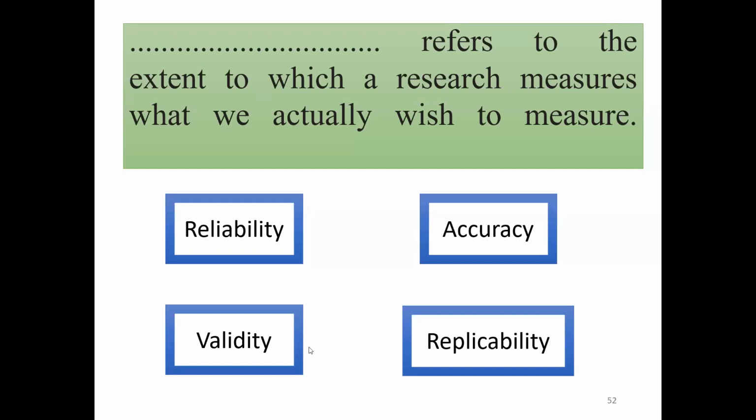Validity refers to the extent to which research measures what it should. In research, the outcome should be the things that we expected. If there is not the expectation or beyond the expectation, there is no validity of the research, sir. Yeah, exactly. We base the research on the objectives. So it is validity. You are right.